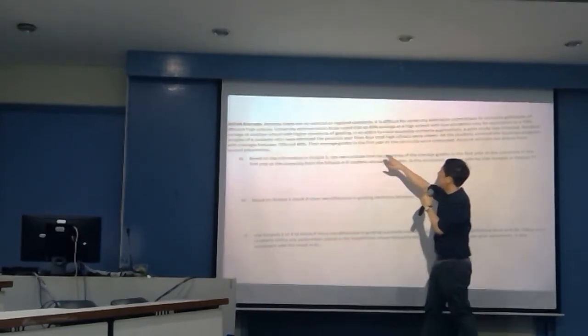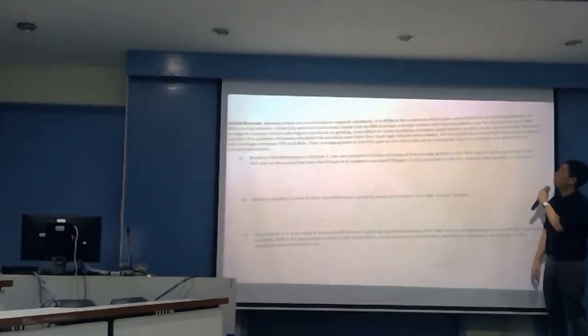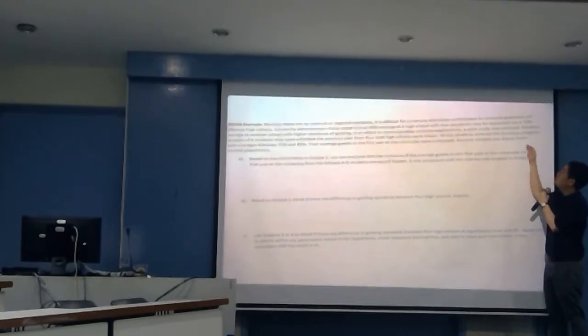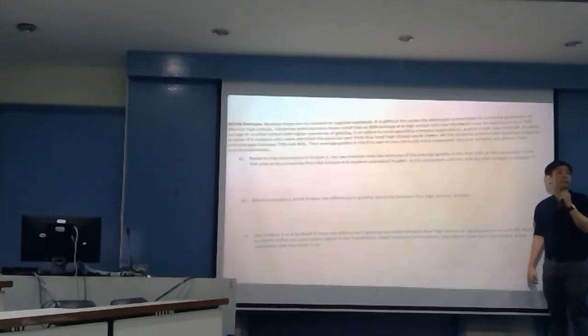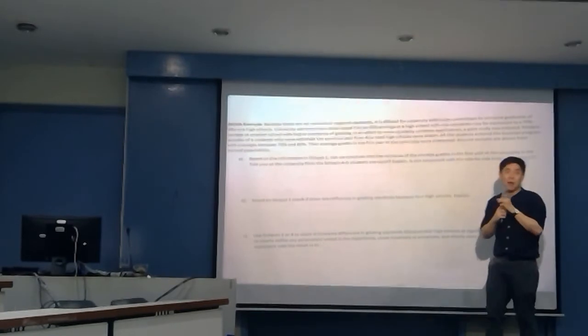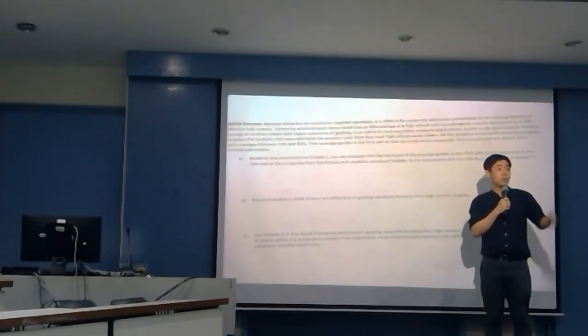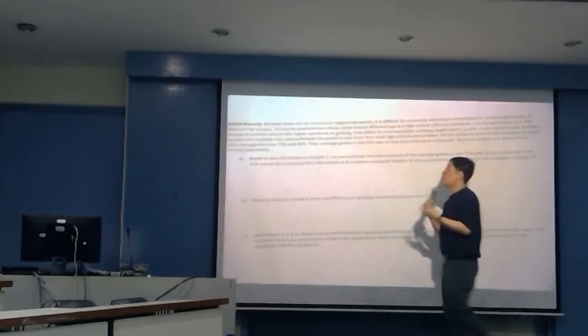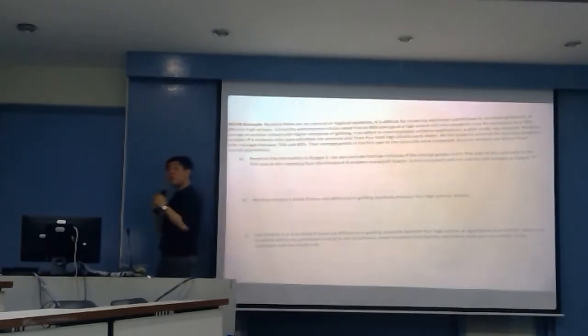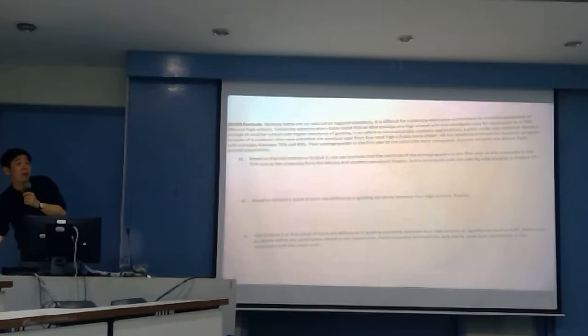Their average grade in first year at university was computed. Also assume samples are drawn from normal. The thing is that now you have 4 samples: school A, school B, school C, and D. And then they compare the score on the first year that they have done at university.